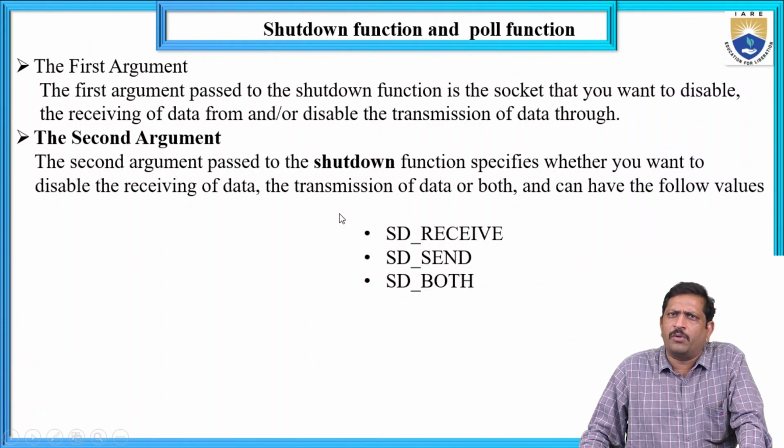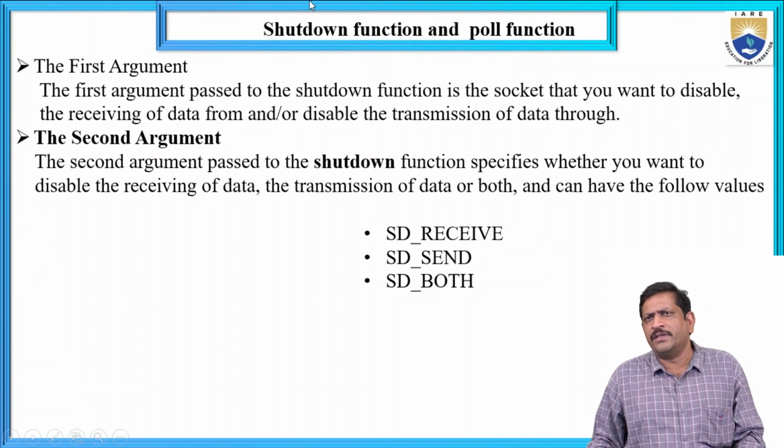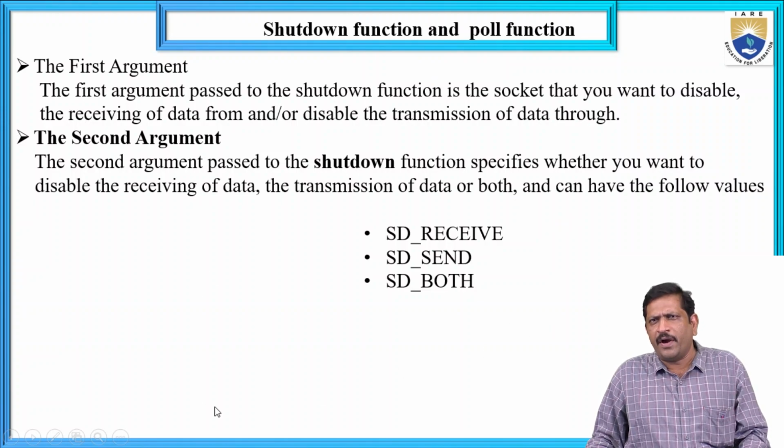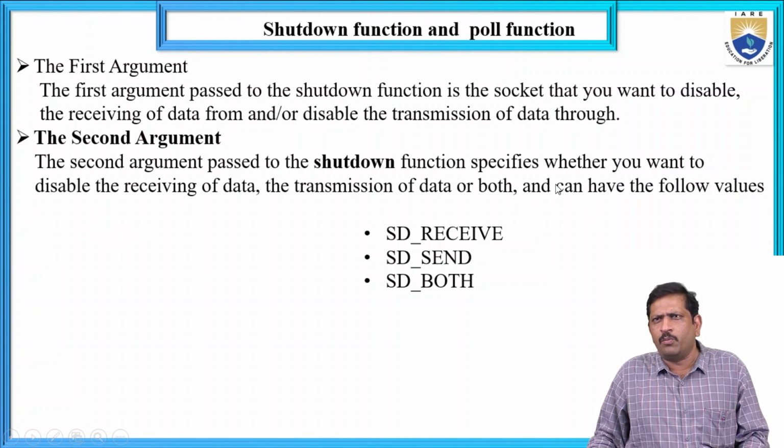The second argument that you pass to the shutdown function specifies whether you want to disable the receiving of data, the transmission of data, or both, and it can have these values.